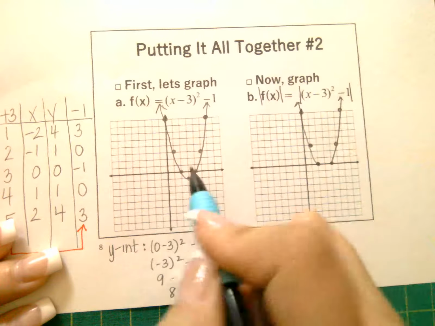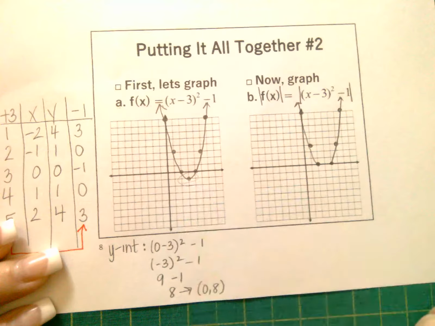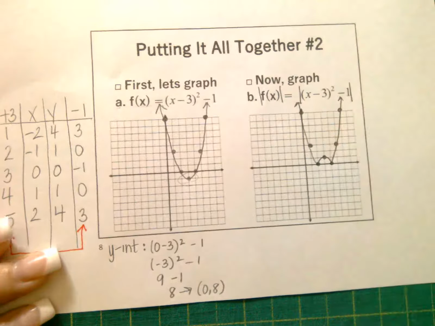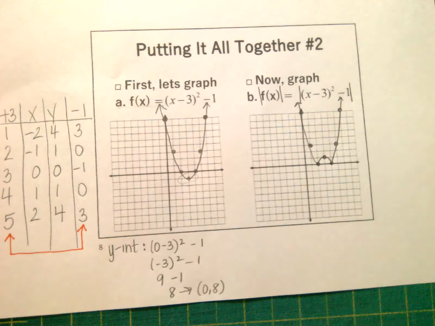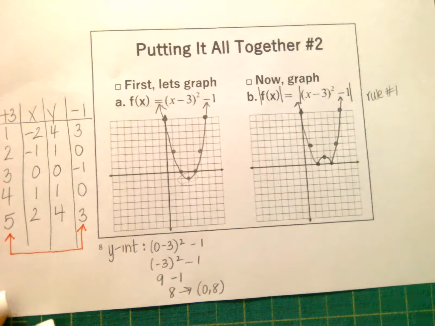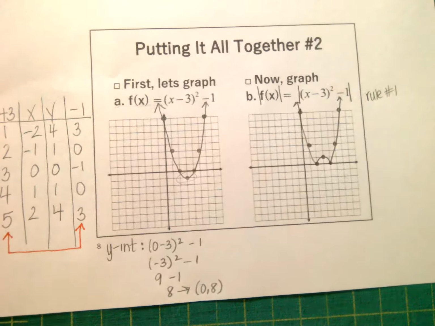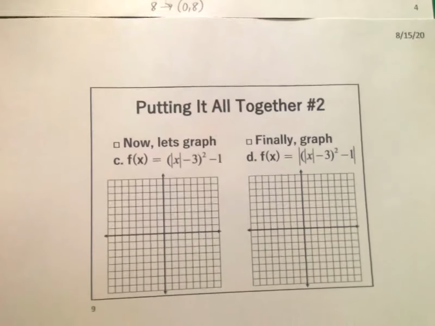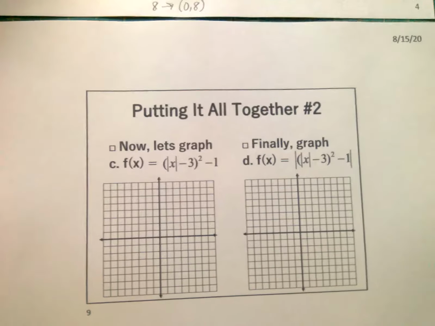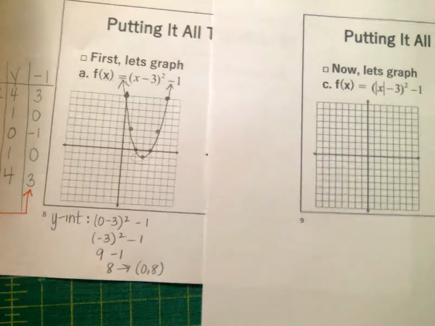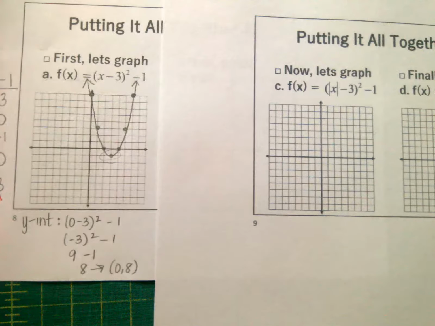Okay, so we're keeping those, and just this one point that's below, we're going to reflect up. Okay, so this was rule number 1. Everything below goes up. Okay, so now same as before. Maybe I can put these side by side just for a second here. All right, that's a little bit better.